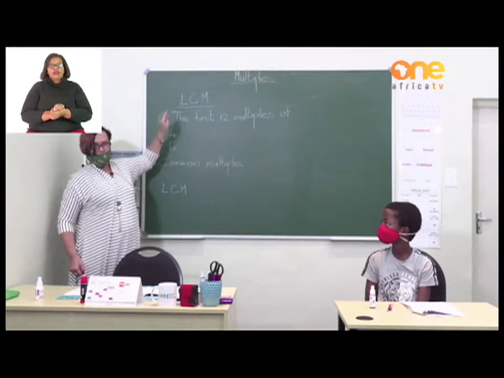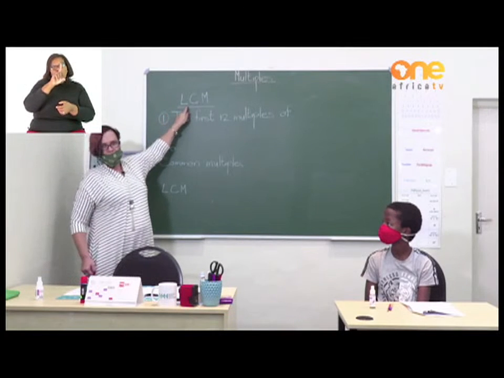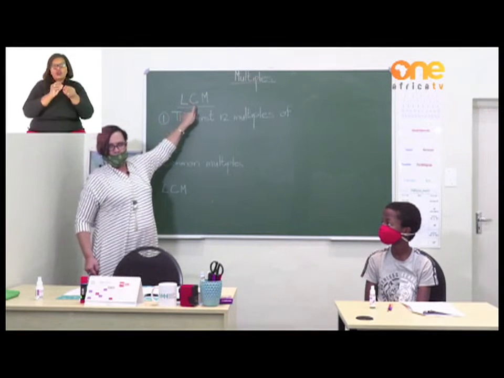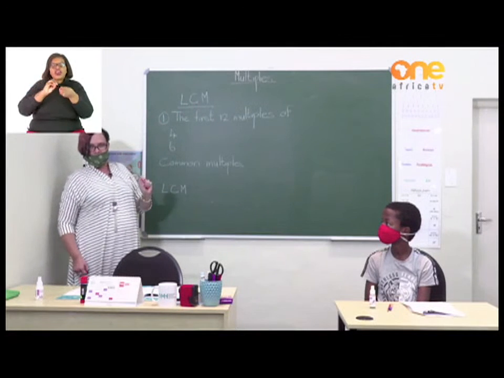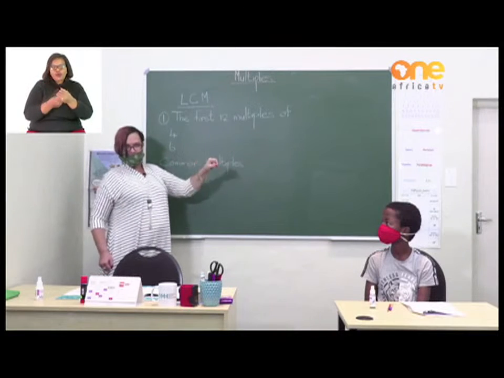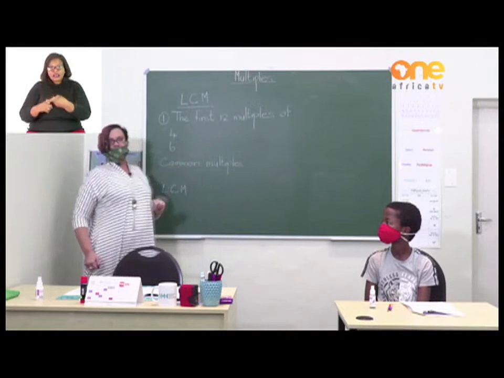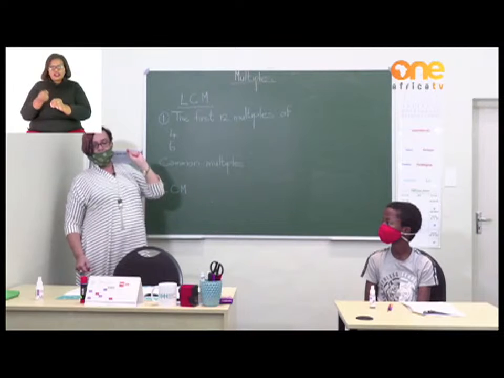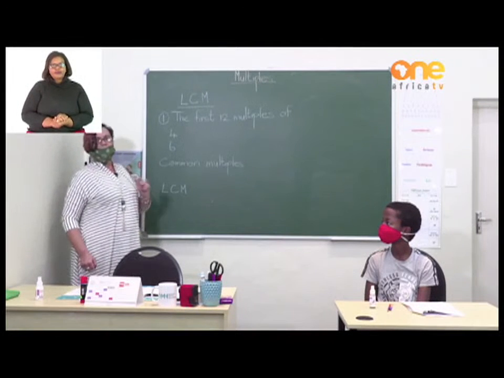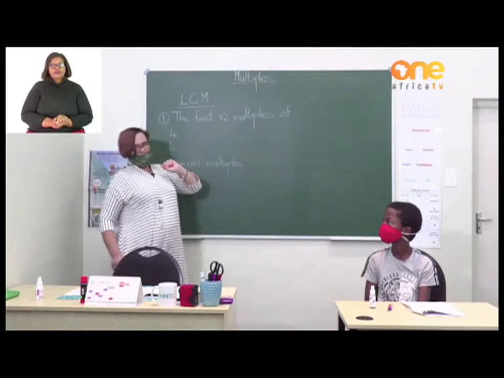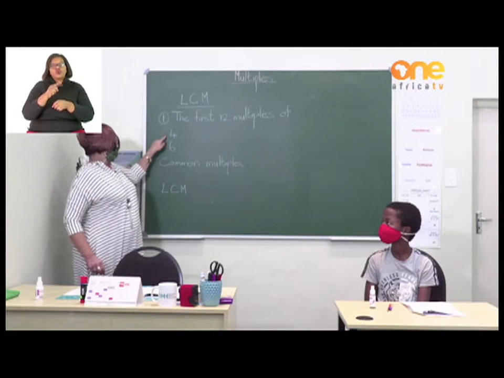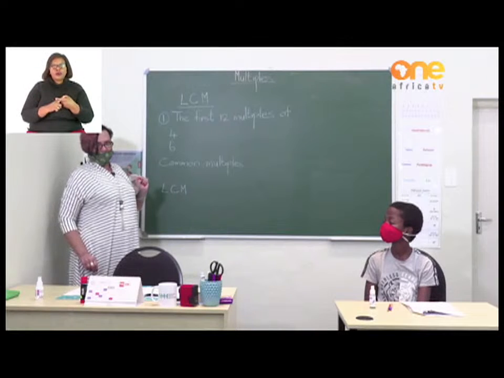Let's revise quickly. Lowest meaning the smallest number. Common, the numbers that we find in both multiples. And a multiple is the answer of a number that you multiply by another whole number. Now the first 12 multiples of 4 and 6.